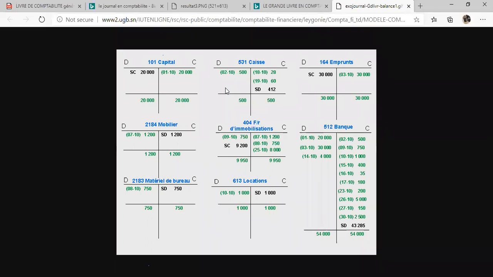By definition, le Grande Livre is a summation of different compte schematics. So it's an addition of compte schematics. Compte schematics are these small accounts that you're able to see, and it's drawn from the journal. The transactions that you'd have from the journal, you'd use them to draw this book here.